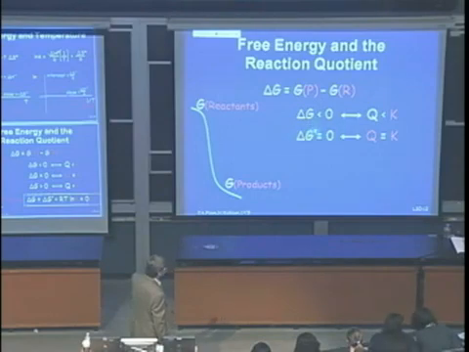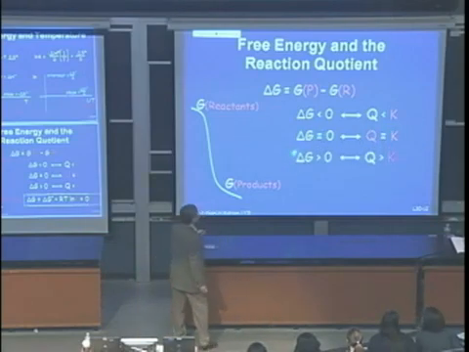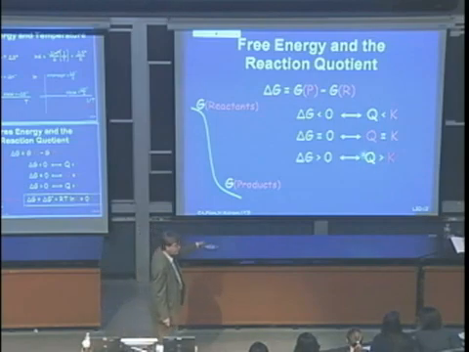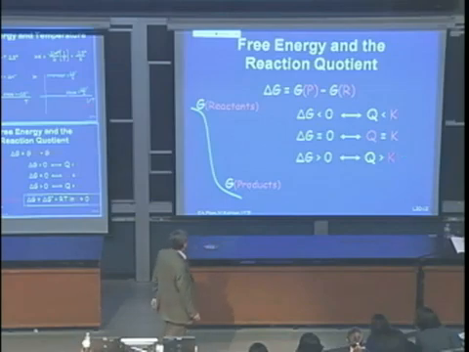There's no standard state. That's for equilibrium, and with this Q equals K. And if delta G is larger than 0, then your Q is larger than K. So where are you? You're more with the reactants, isn't that right? No, with the products. I'm sorry, you're more with the products if Q is larger than K.